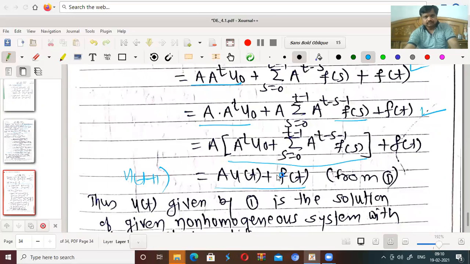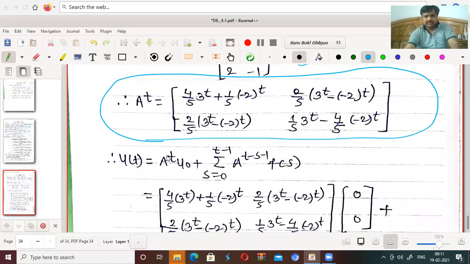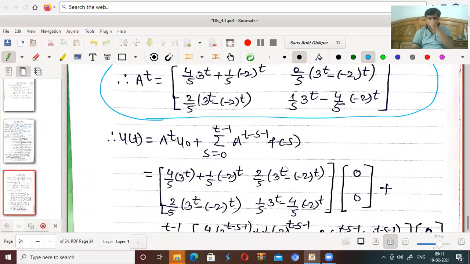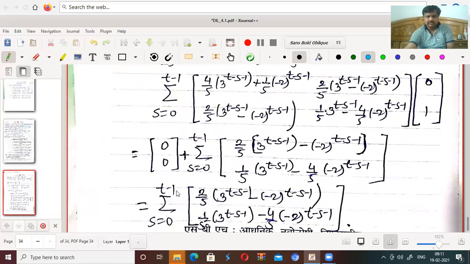So u(t) equal to A to the power t into u0 plus summation s from 0 to t minus 1 of A to the power t minus s minus 1 f of s. So this is A to the power t into u0 plus the summation s from 0 to t minus 1 of this. The first term is 0, no doubt; first row, first column 0, second row this one is 0. We get only the summation s from 0 to t minus 1.